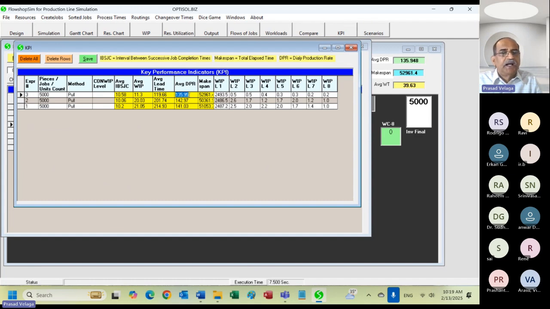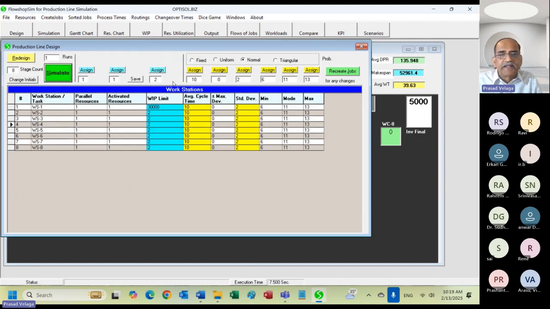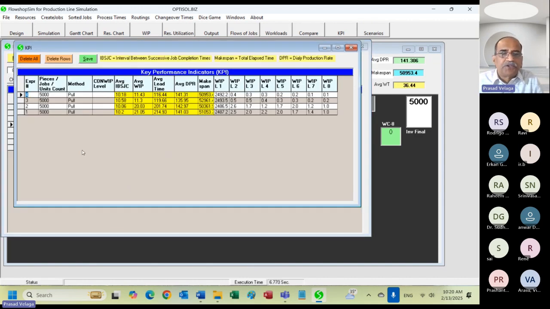That's not sufficient. But let me run this case. Let me reduce that sigma to 1 and run it again. This is the fourth experiment. So I'm showing you 4 experiments: 2 experiments with the WIP limit 5, 2 experiments with the WIP limit 2.